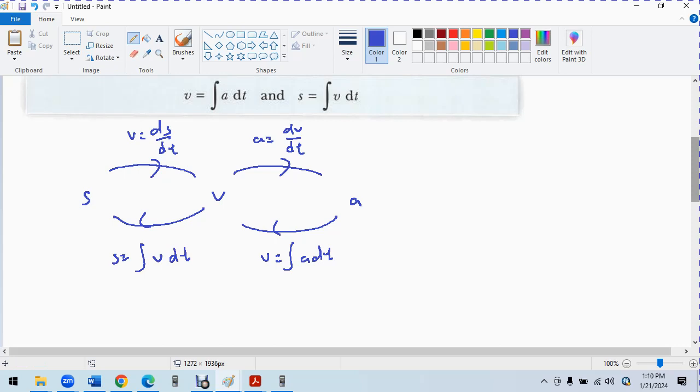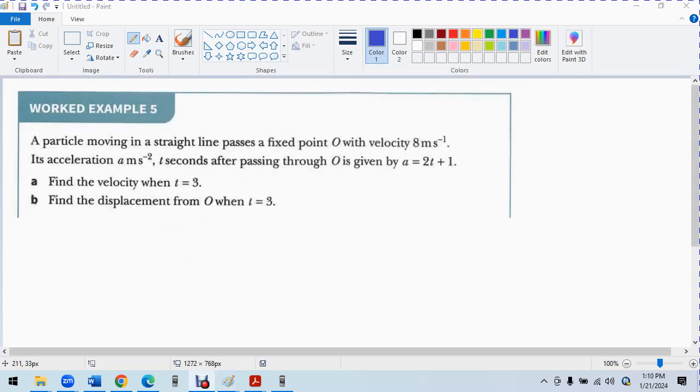Okay, so we look at work example number 5. A particle moves in a straight line past a fixed point O with velocity 8. So that means when the time equals 0, the displacement equals 0, but the velocity is 8.